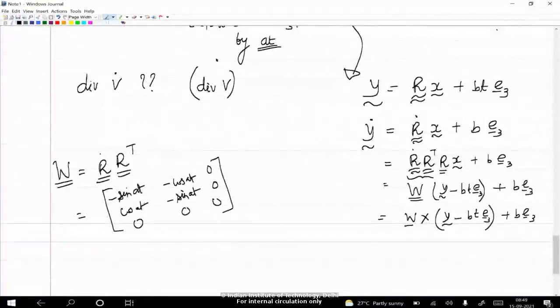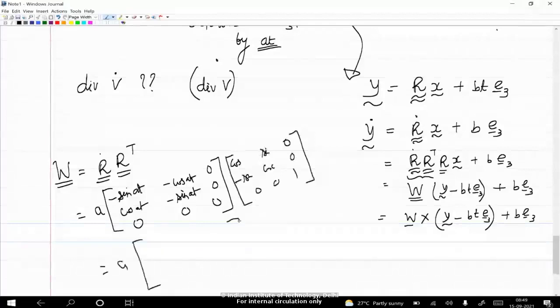And you also need theta dot, so you get an a outside, multiplied with R transpose, which is cos, sine, 0, minus sine, cos, 0, 0, 0, 1. And when you work out this multiplication, it turns out to be 0, minus 1, 0, 1, 0, 0, 0, 0, 0.